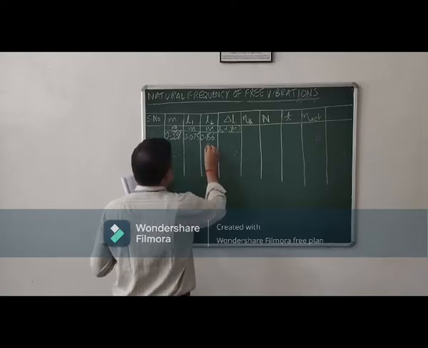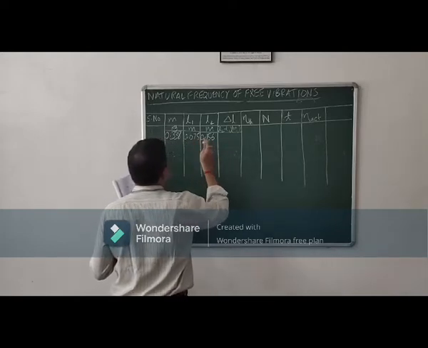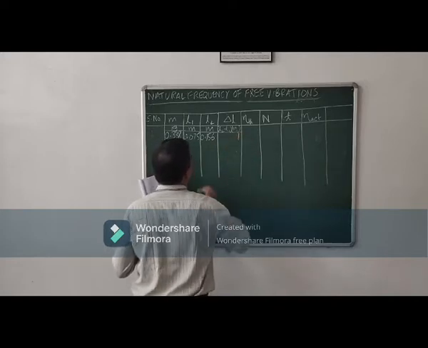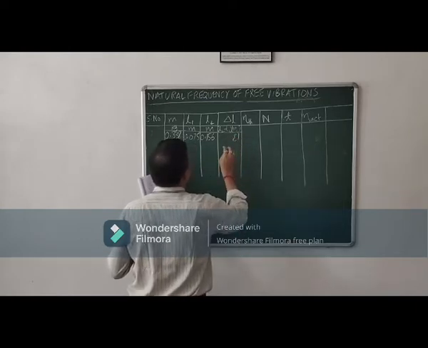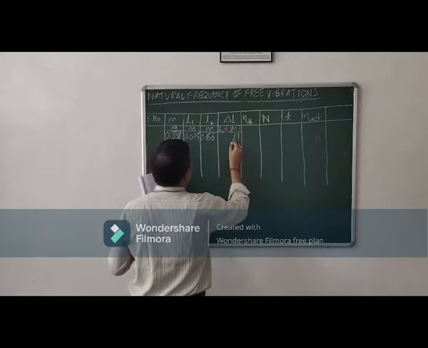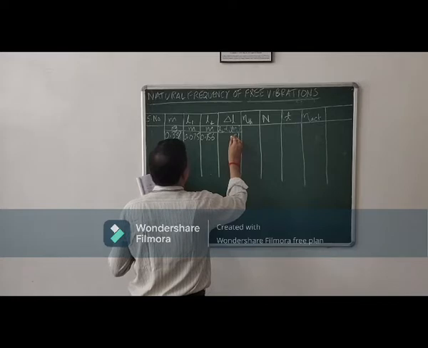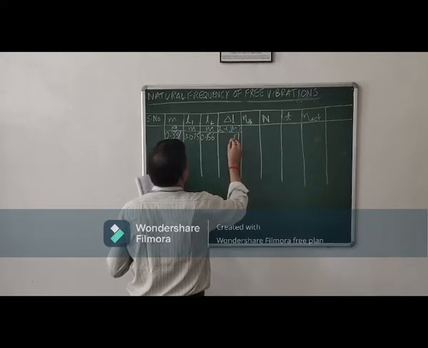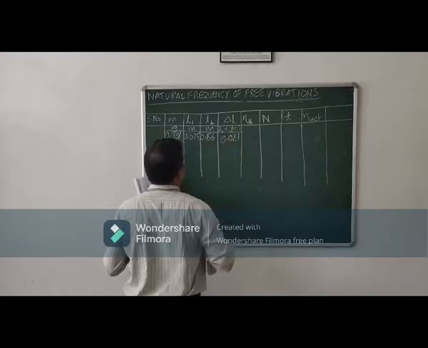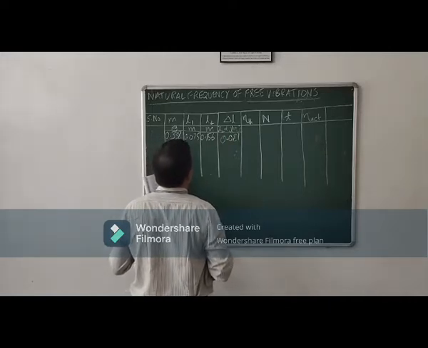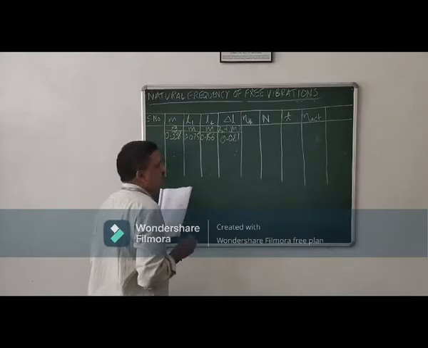So, L2 minus L1 is 0.156 minus 0.075, so it is 0.081. Okay, so 0.081 meters.